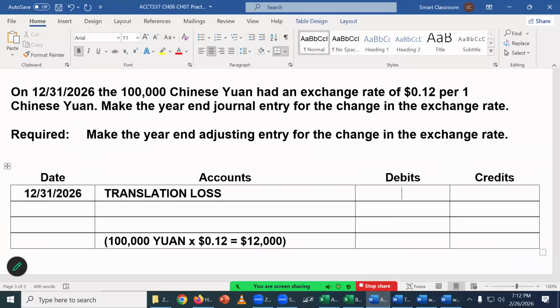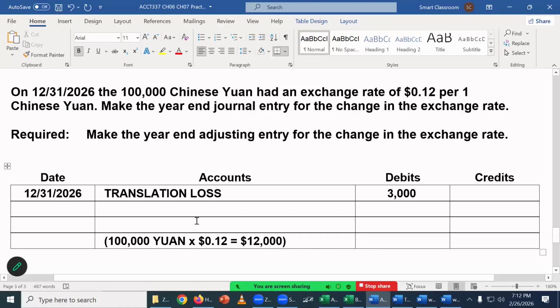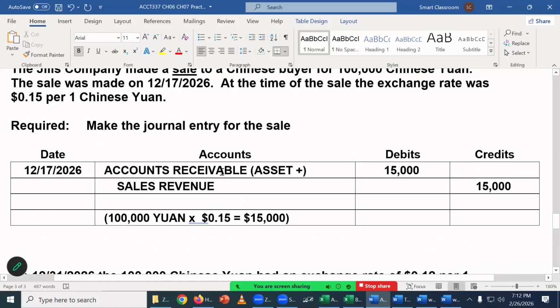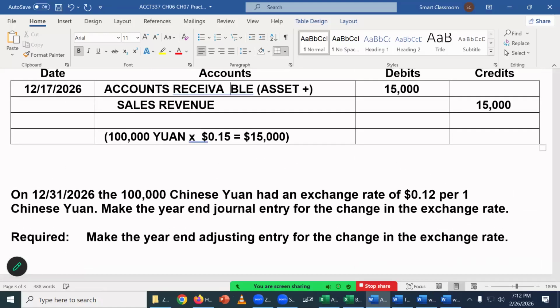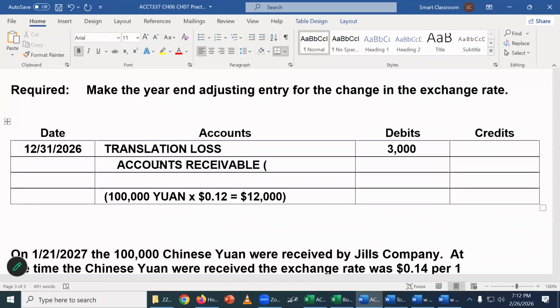Of how much? 3,000. And we are not going to have accounts receivable of 15,000. We have to take 3,000 out of that, because at year end this is going to be an asset going down.